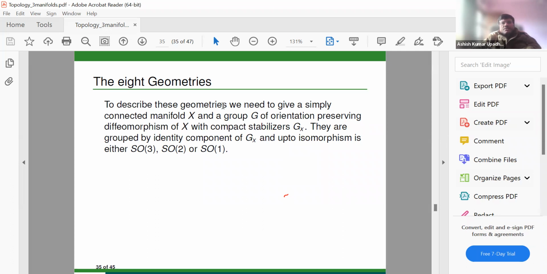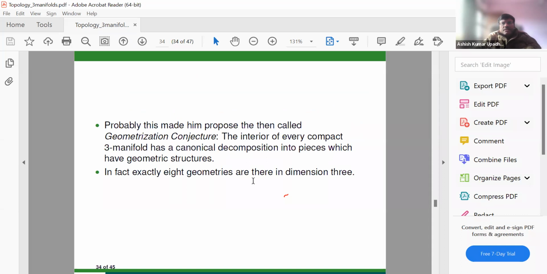Now, to describe these geometries, we need to give a simply connected manifold X and a group G of orientation preserving diffeomorphisms of X with compact stabilizers. So stabilizers Gx are needed to be compact, because otherwise the volume, I mean the size of the manifold, will grow, and it will not be in our control. In fact, the result also was about compact manifolds.